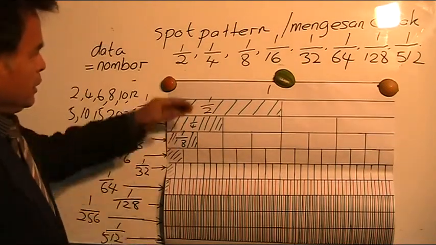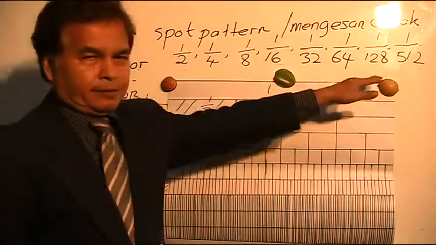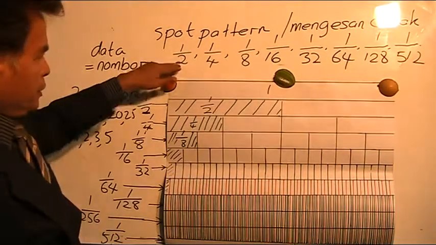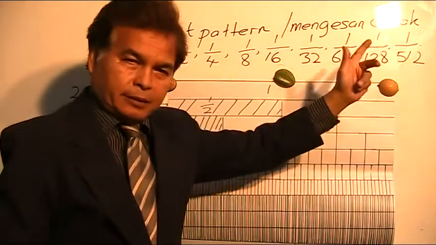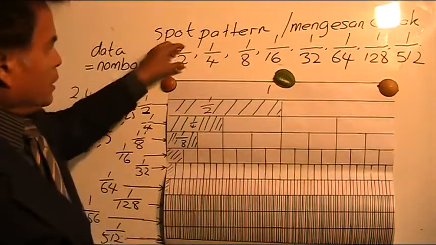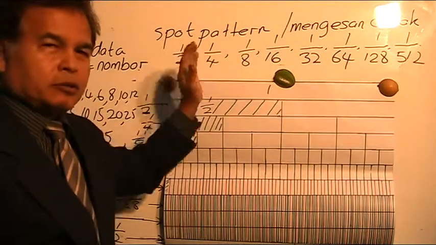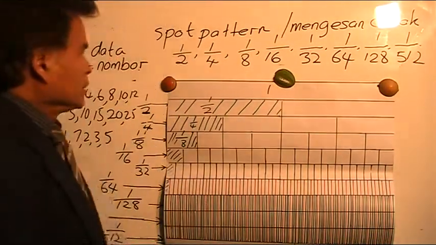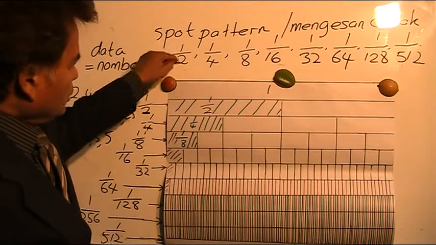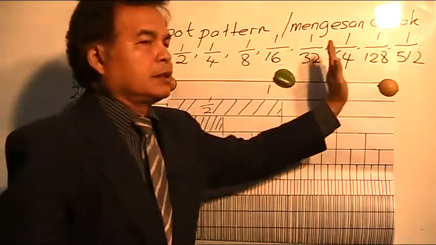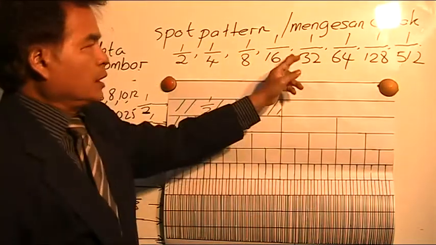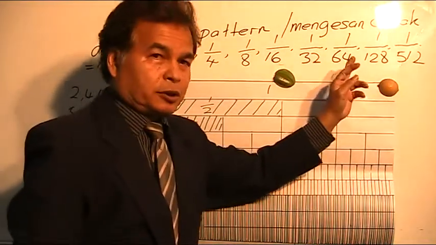So the data here forms a pattern, or the fractions here form a pattern. Pecahan yang kamu nampak sini dia membentuk satu corak. Jadi kalau kita tahu setakat 1/2, 1/4, 1/8, 1/16, kita boleh buat jangkaan pecahan-pecahan yang akan terbentuk seterusnya.